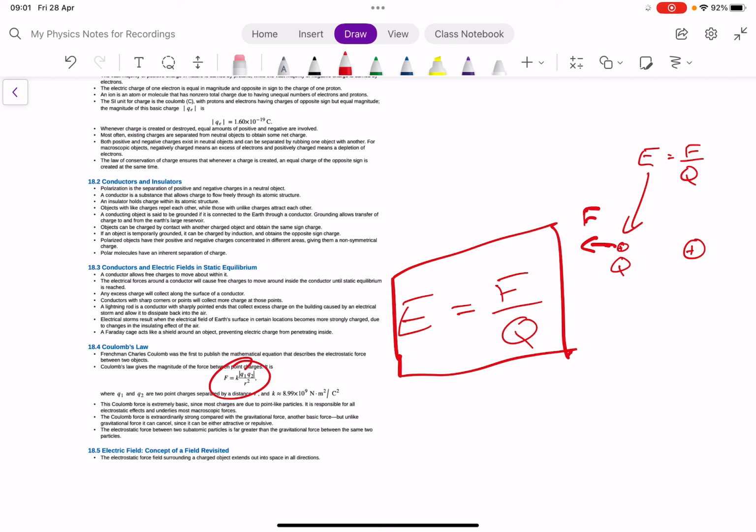So for every coulomb of charge, this charge will experience a force of a value of the force of E. So if the field strength there was 10, then a charge with 1 coulomb will experience 10 newtons of force. Obviously, generally, objects tend to have charges which are a lot smaller than that.